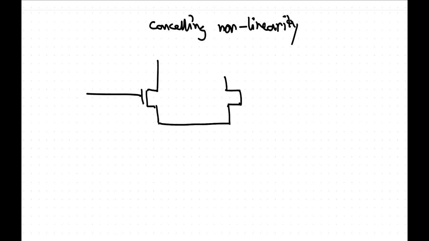And then what you do is you pop on another differential pair branch. There's a number of different ways you can do this. You put a voltage source in series with this, so they have a constant difference in gate-source voltage.